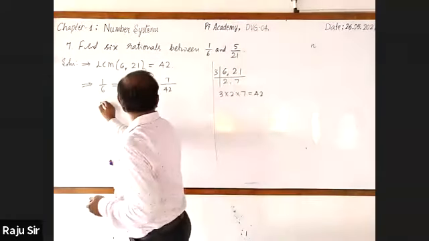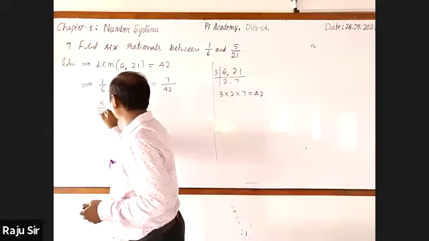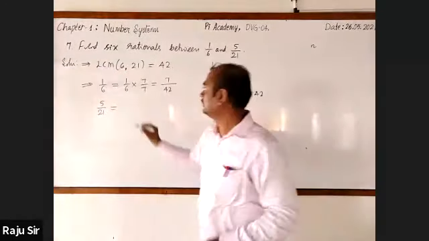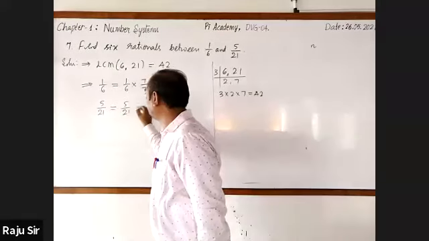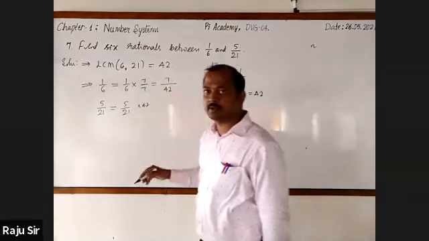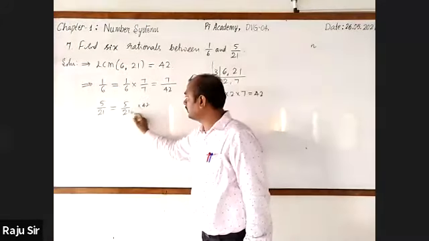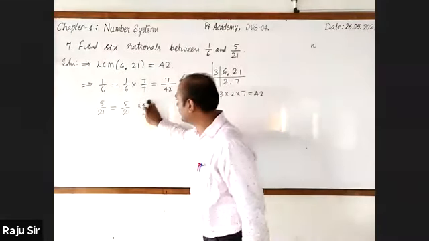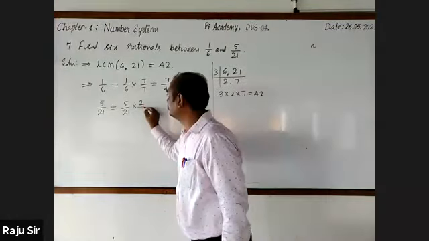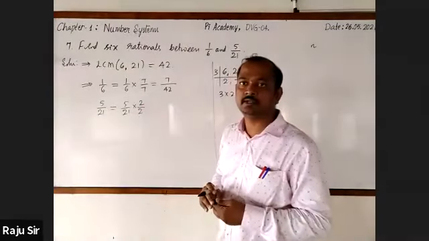Next, 5 by 21. On cancellation, 21 twos are 42, so multiply 2 to the numerator and 2 to the denominator.